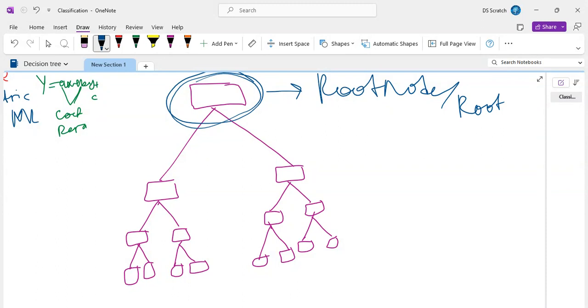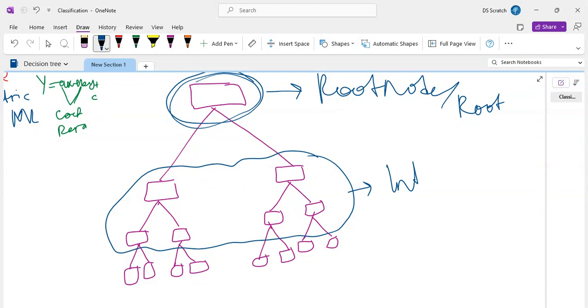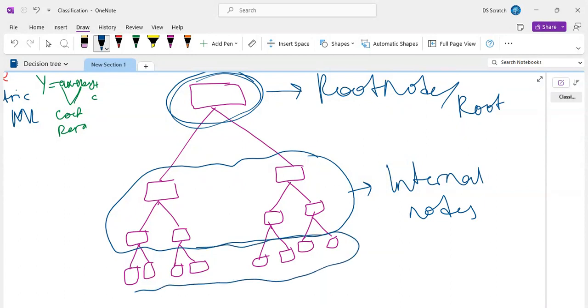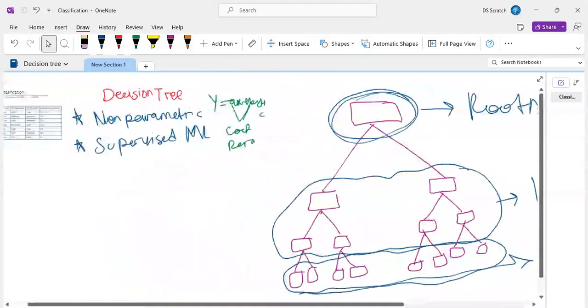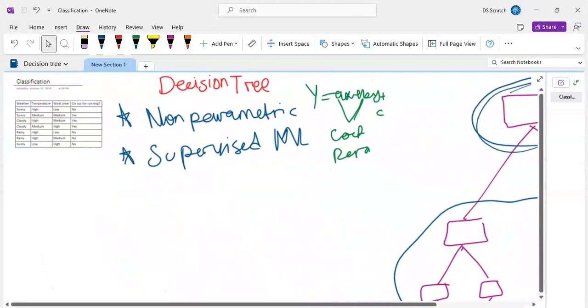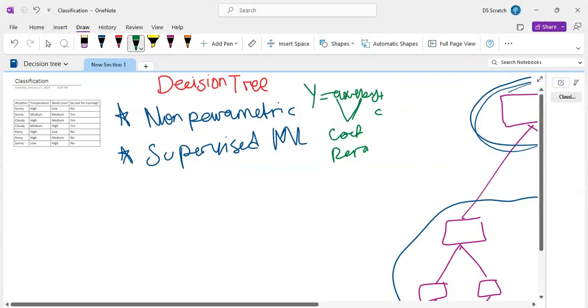Then after the root node, there are the nodes which lie in the middle, which are called the internal nodes. And in the end we have the outputs, which are called the leaf nodes, or leaves. And in the decision tree algorithm, we can use this in two different ways.